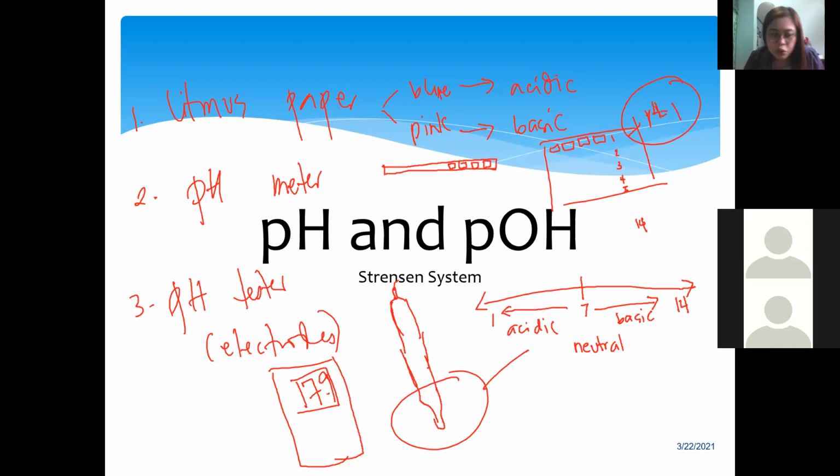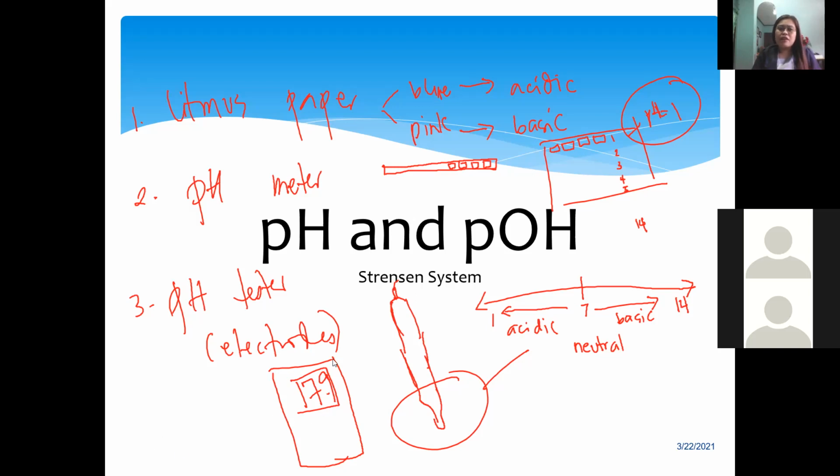So I think kung sa laboratory naman, most of the time you will use the pH tester para diretso na siya. Yung sa litmus paper kasi you will not know the exact pH. You will just know if it's acidic or basic. So to be exact, most likely you will be using the pH tester in the laboratory, and it's very important to identify and to interpret the result.